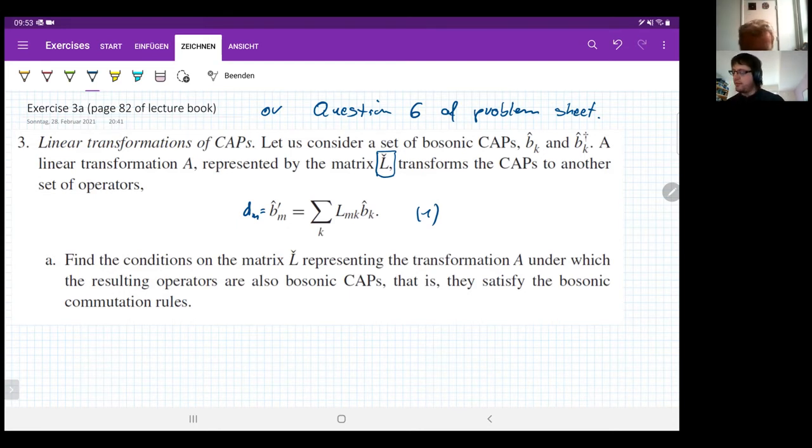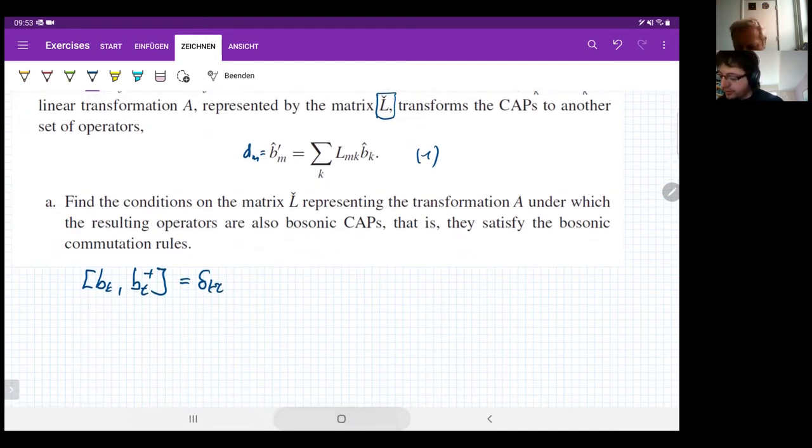Okay, so how do we tackle such a question? First we just write what are the bosonic commutation relations. So let me first write them here, which is given by the delta function. And we have the second commutation relation for the B operator, where the commutator of B_k dagger and B_t dagger equals the commutator of B_k and B_t, which is equal to 0.